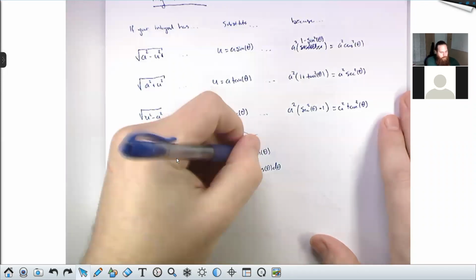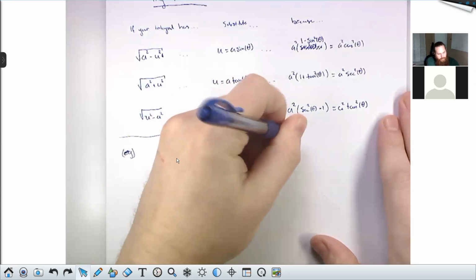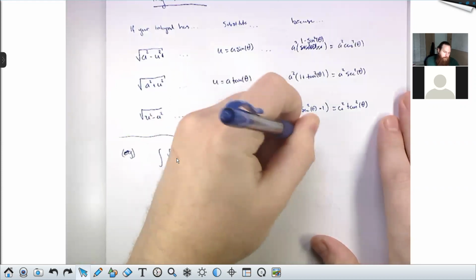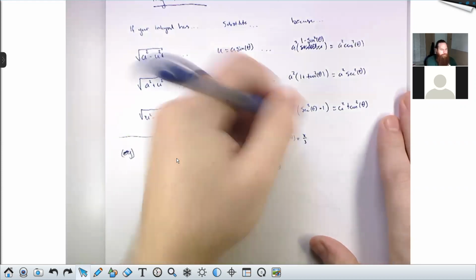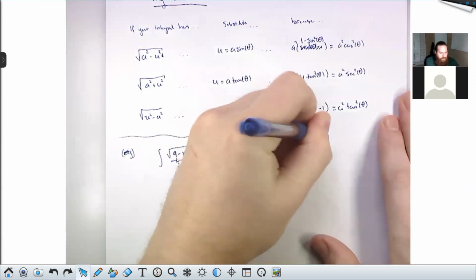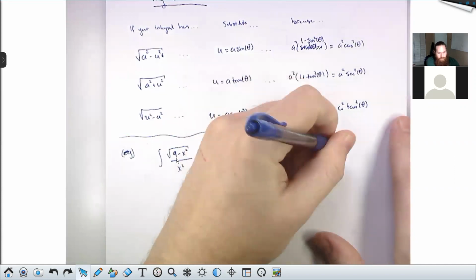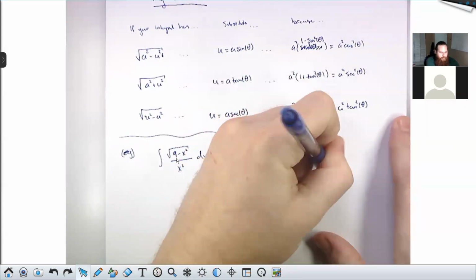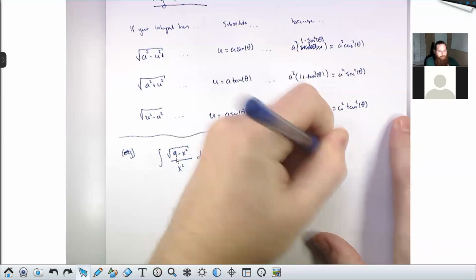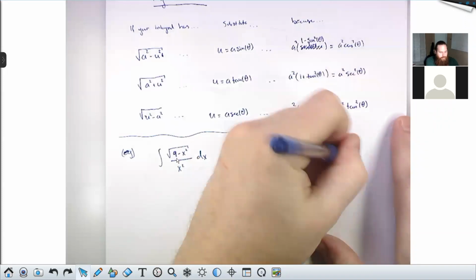Now I would think over here, okay, this means sine theta is x over 3. And remember, sine I can always understand using my SOHCAHTOA as the opposite over the hypotenuse. So I'm going to go ahead and draw my triangle right away because I know I'm going to need it at the end. The opposite side is x.